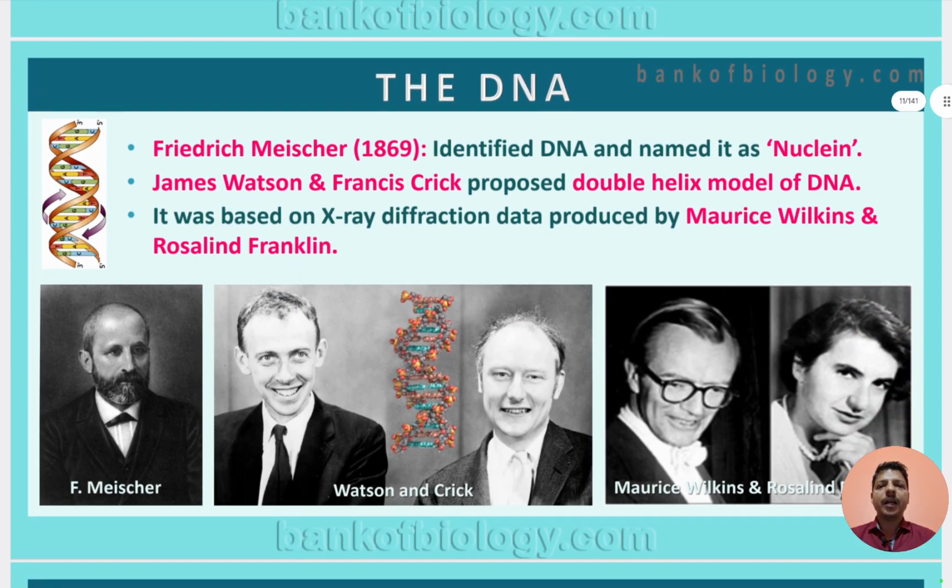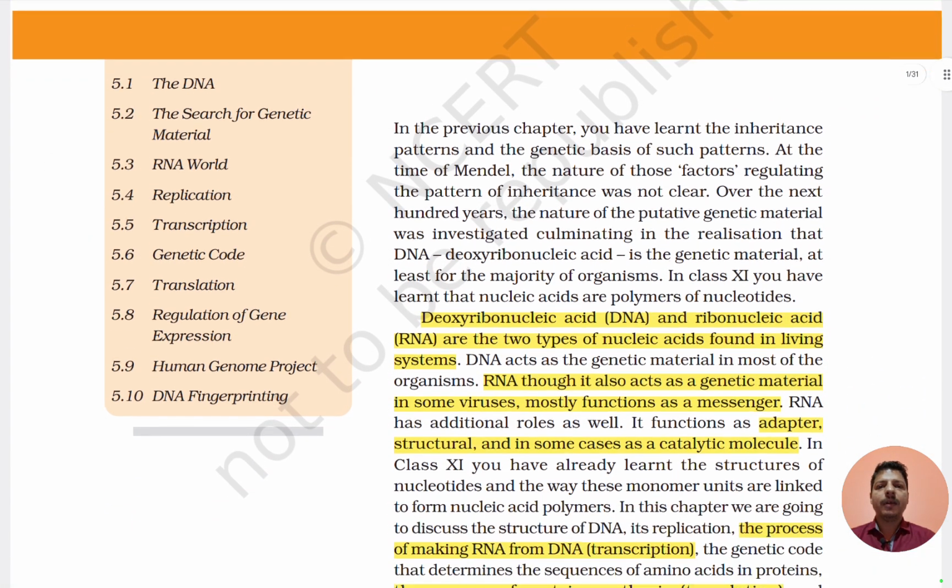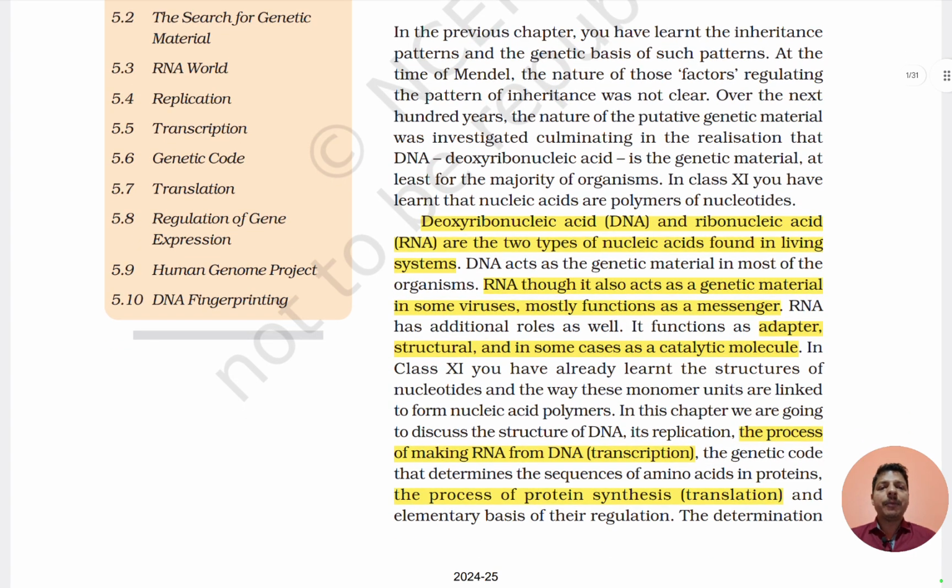Then coming to the DNA. Before starting the DNA, let's see what your NCERT says here. Deoxyribonucleic acid DNA and ribonucleic acid RNA are the two types of nucleic acids found in living systems. DNA acts as genetic material in most of the organisms. RNA, though it also acts as genetic material in some viruses, mostly functions as a messenger of information.